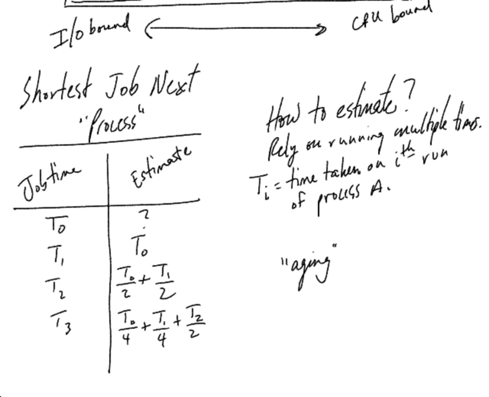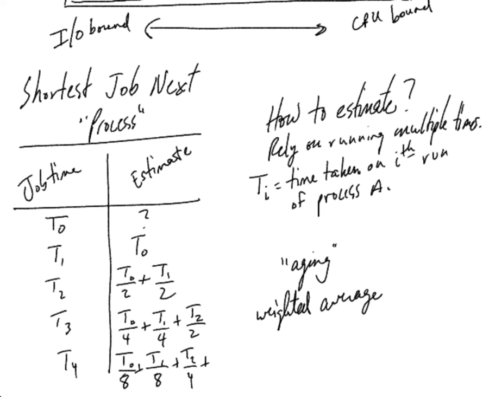So it's a weighted average. Now when we run T4, we'll do a similar thing: T0 divided by 8, T1 divided by 8, T2 divided by 4, and T3 divided by 2. So T3 is weighted more heavily, and the time it took on that run will have more of an effect on our estimate than all the other runs.